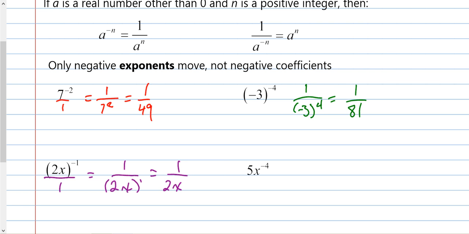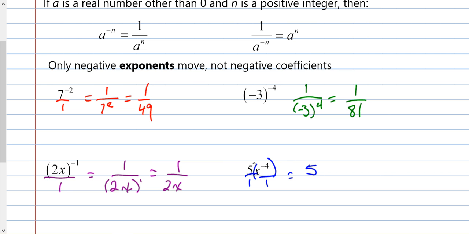Lastly, something like 5x to the negative fourth in this case, I need to remember my order of operations, which are saying it's x to the negative fourth times 5. They both have a denominator of 1 right now, but when I simplify, the 5 doesn't move.